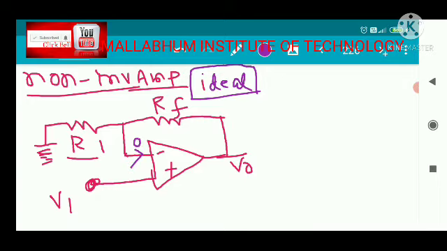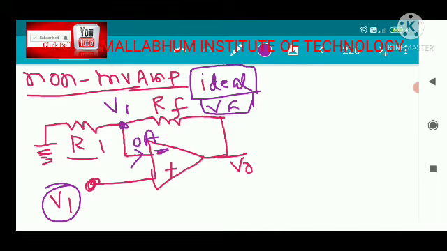That means the current drawn by the operational amplifier is 0 ampere, and we can use the virtual ground concept very easily, since the open loop gain of the Opamp is infinite and, in addition, negative feedback is being applied to the inverting terminal. So as we apply the virtual ground concept, you can easily see that the potential at this point is also V1.